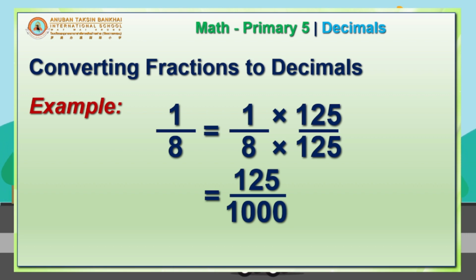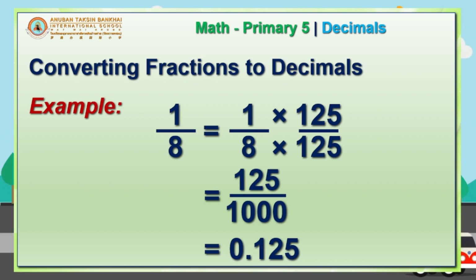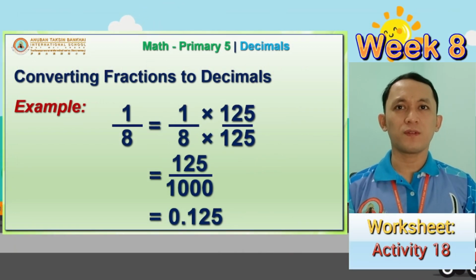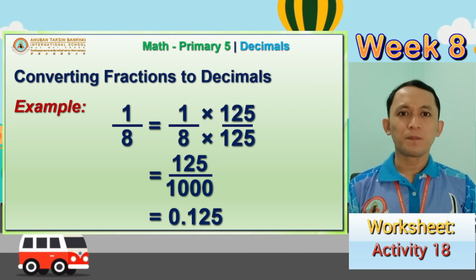So if we are going to write 125 over 1000, we have 0.125. So that is how you convert fractions to decimals.